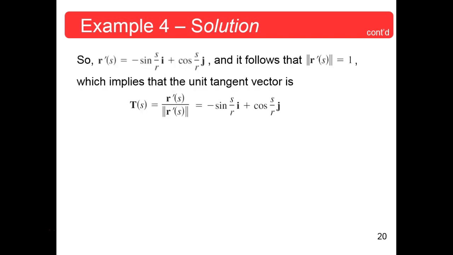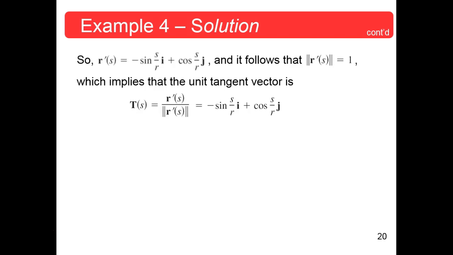So r prime as a function of s, take the derivative of that, and your chain rule part, 1 over r here, wipes out the r that was in front. So you have minus sine s over r i plus cosine s over r j. And if you take the absolute value of that, because you were going to try to get the unit tangent vector, you would have to take this vector and divide it by its magnitude.